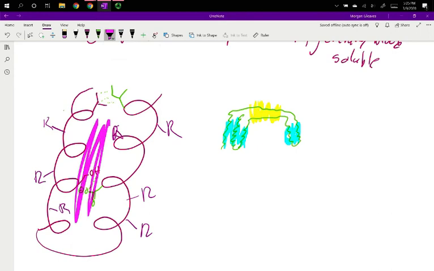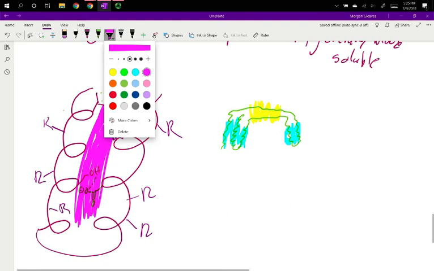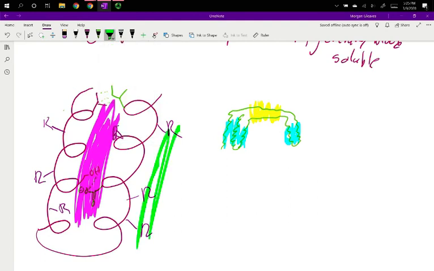There's some inside area where some of the R groups can interact with each other on the inside. And there's definitely some outside area where the R groups will interact with whatever's on the outside. So depending on what R groups you have, that pair of alpha helixes is going to want to be in different places.